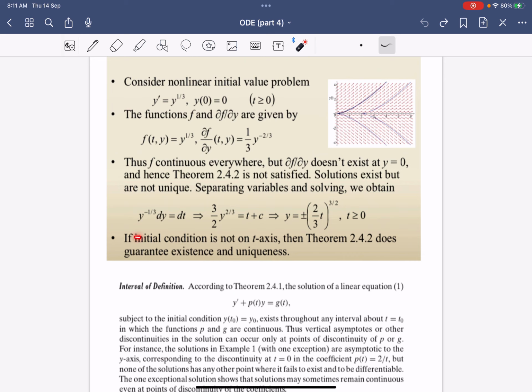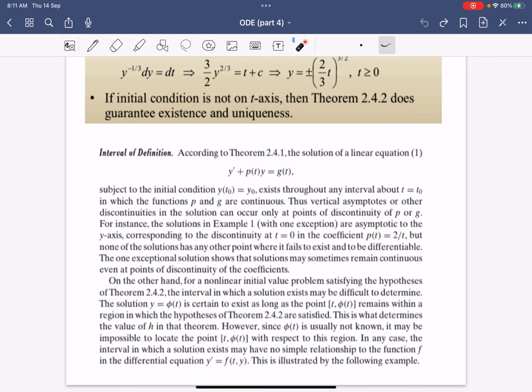But if we had an initial condition that is not on the t-axis, then we can indeed guarantee that there will be a unique solution. This leads us to the next definition, called the interval of definition. That's basically the interval in which t lies such that the solution for the IVP is unique and exists.